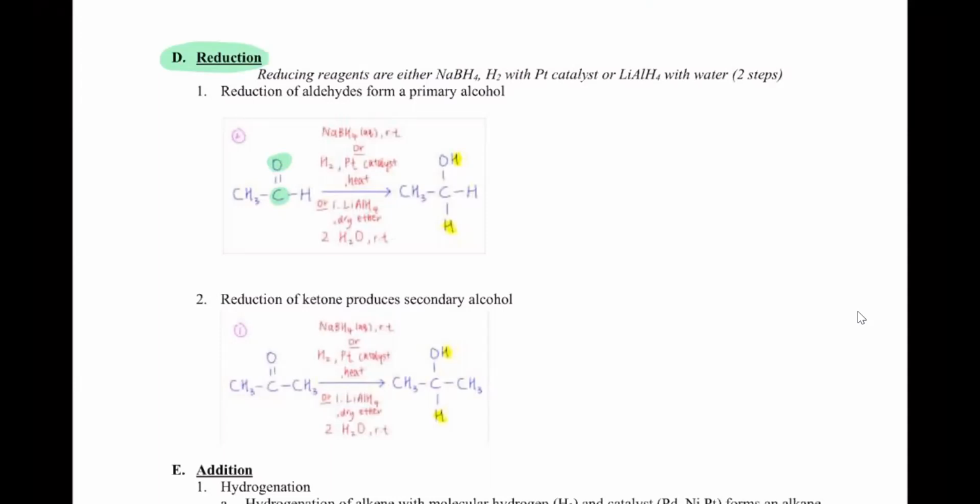Now, it is important to note that whenever you are observing reduction reactions, there are different reagents for specifically reduction reactions. Those reducing reagents that will be able to accomplish these transformations in terms of functional groups include NaBH4.